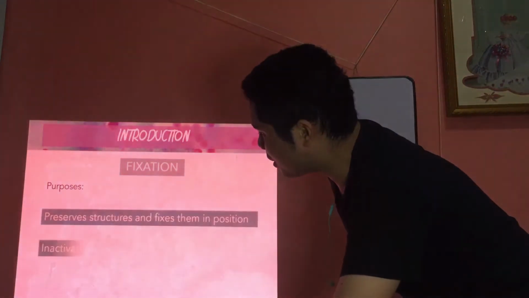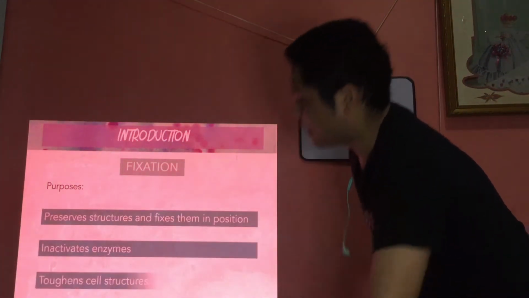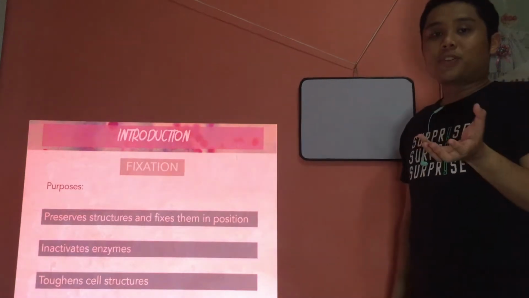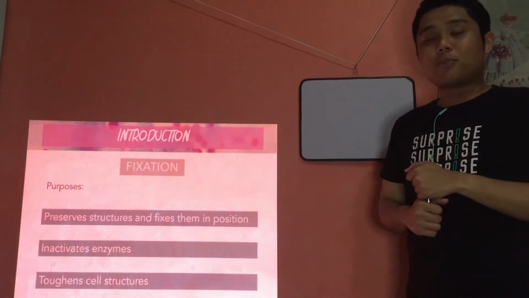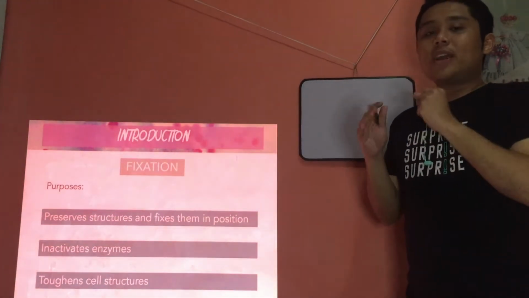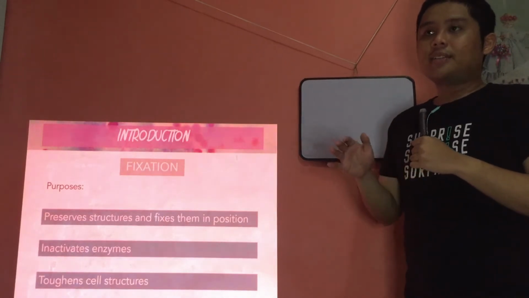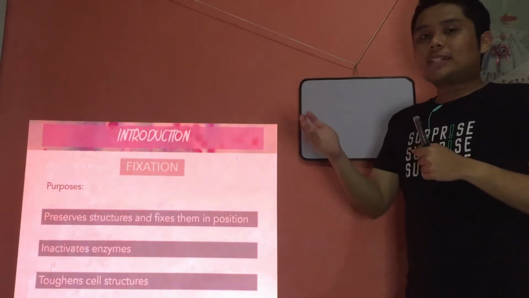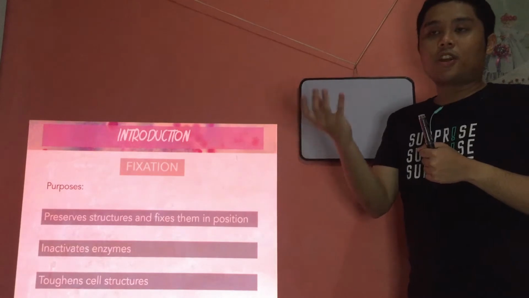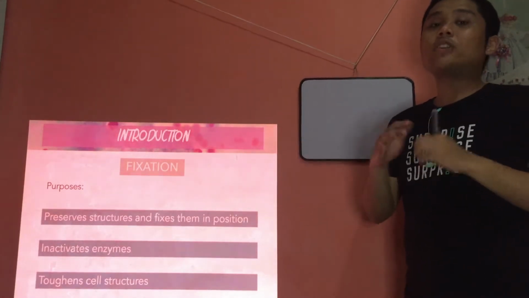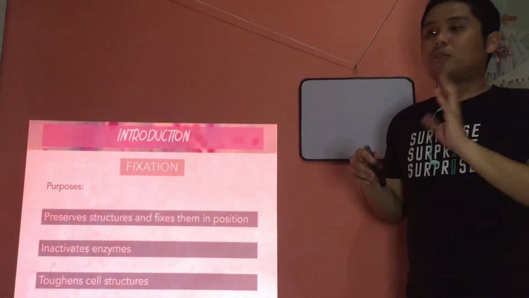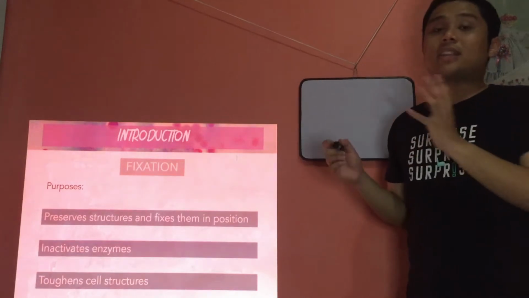Now what is fixation? Here are the purposes. First, we need to preserve the structures and fix them in position. Why? During the staining procedure, the organisms found in your smears are subjected to different chemicals of different acidity, different pH, and different nature.